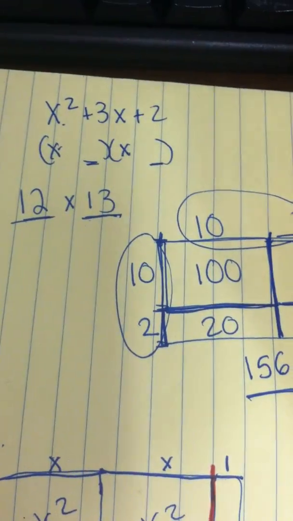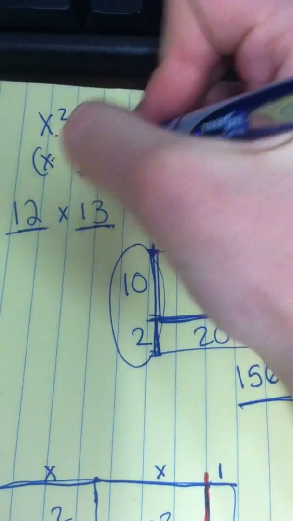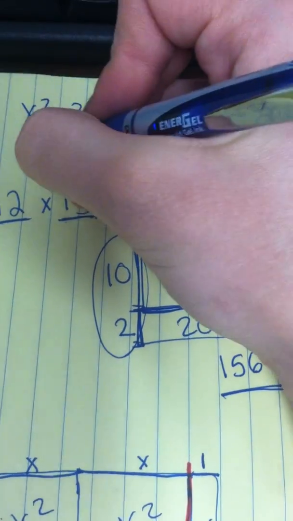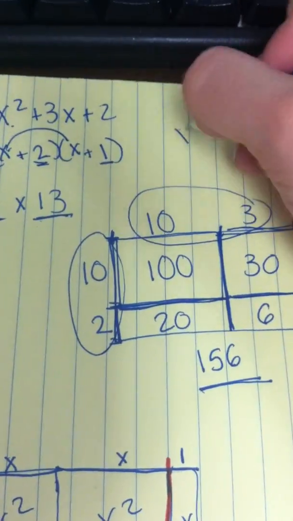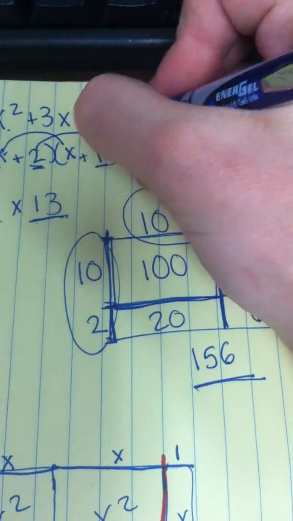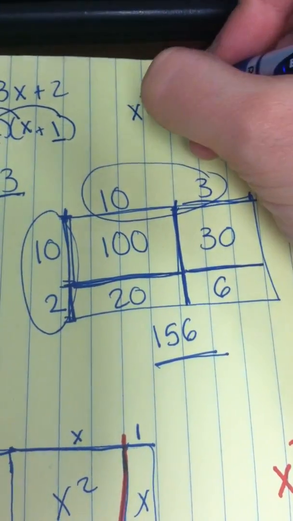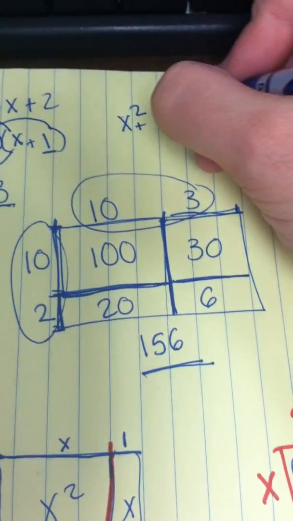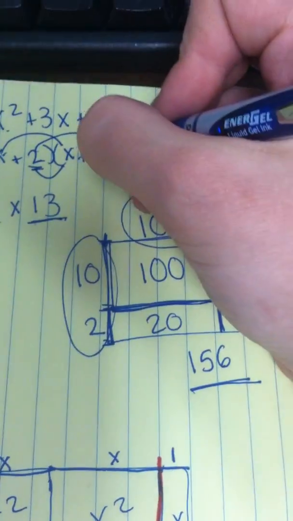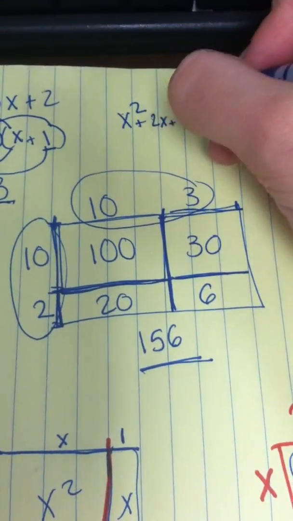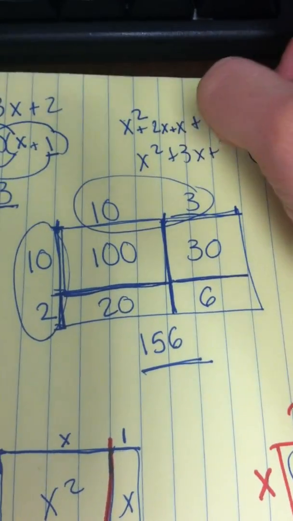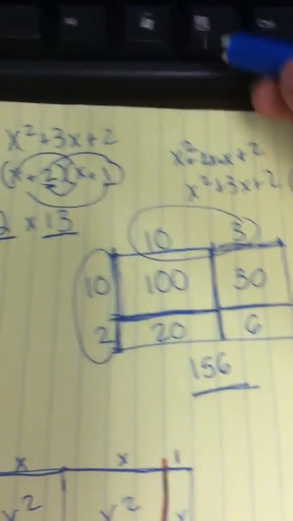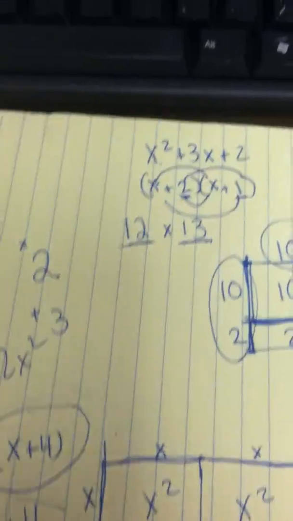I was like, well, numbers that multiply to equal 2, that's 2 and 1. So if I try this, and let's just make these both positive to try it, and I multiply x times x, that's x squared, 2 times 1 is 2, 2 times x is 2x, and 1 times x is x, and I get x squared plus 3x plus 2, so it worked. If you want to check it this way, that's fine. You can also put it back in a rectangle to check it.